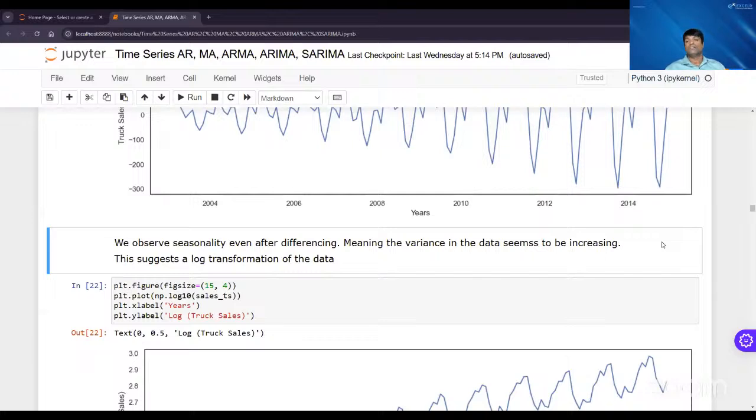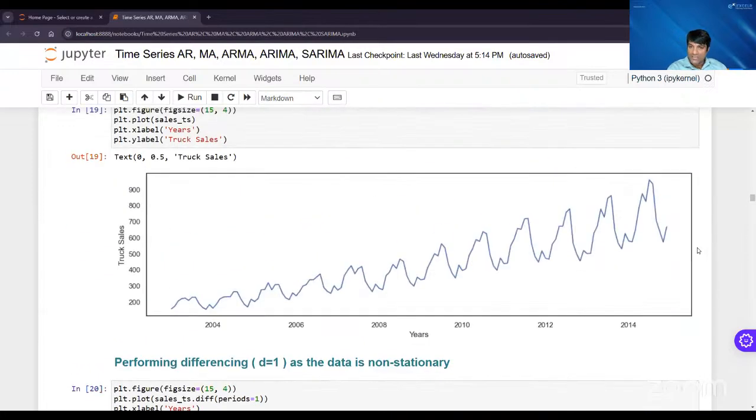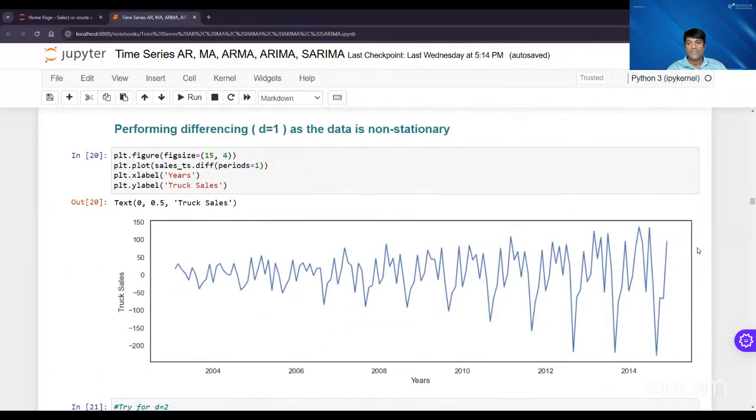This suggests a log transformation. There are even more ups and downs in the data, which means the method of differencing is not working that much for identifying the lags in the data set.